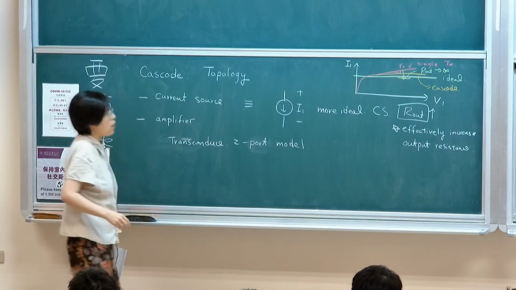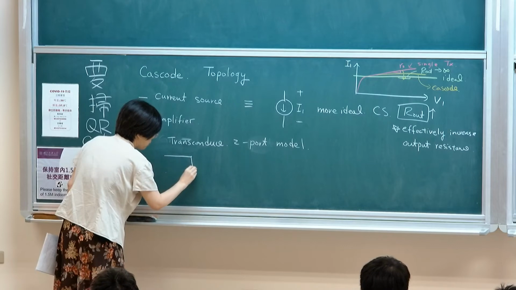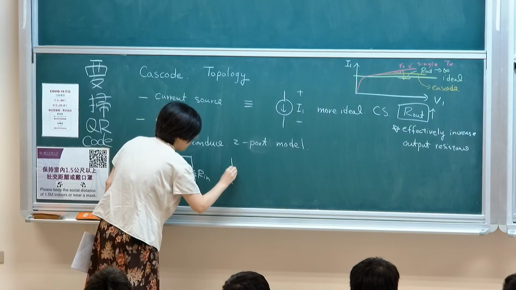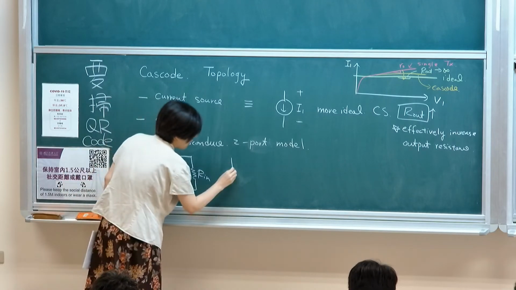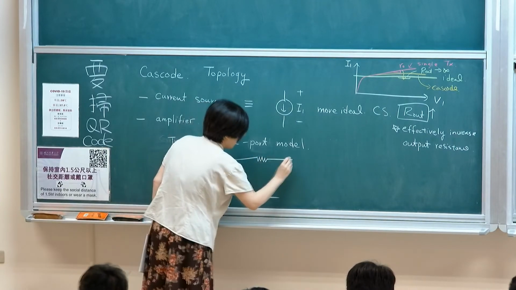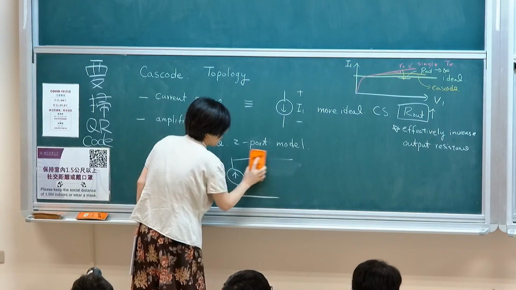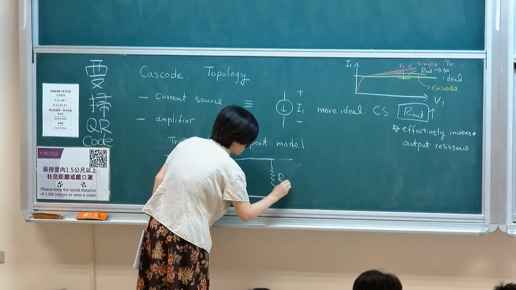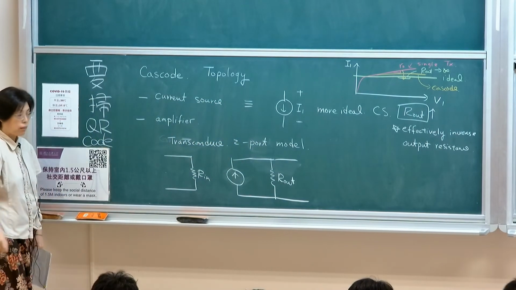Typically we use the voltage amplifier two-port model, but you can use the transconductance two-port model. It will be a Norton equivalent on the right, rather than having a voltage source. So this is called a transconductance two-port model.